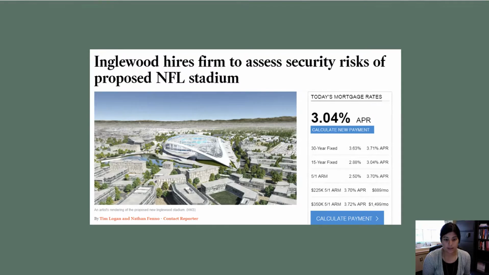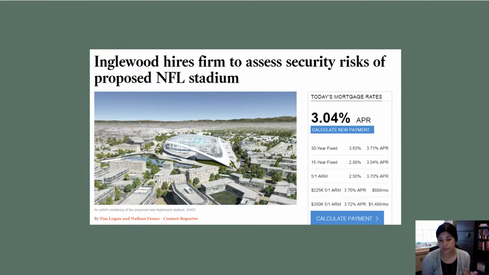So in Los Angeles, this is where the Rams owner is building a new stadium. And this is a few years ago, but prior to actually starting construction on this new stadium, the owners hired a firm along with the city to actually assess any security risks that might exist for the stadium, because the location of the stadium is actually right near the airport in Los Angeles.